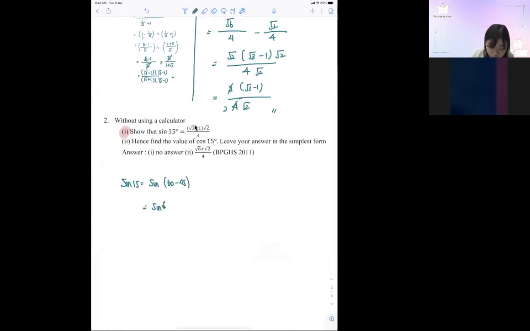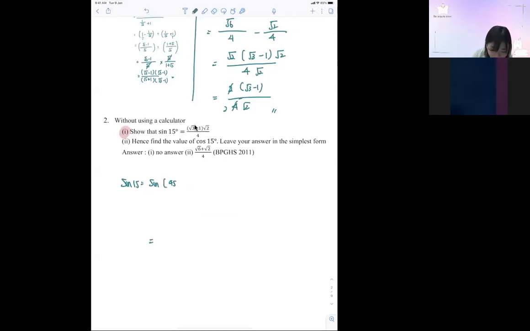You got sine A cosine B minus cosine A sine B, right? Yeah. Okay, sine 60 is very good. No, wait, I use 45 minus 30. Oh, okay, can also.